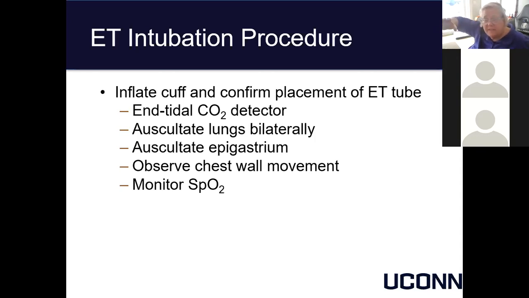You want your ET tube to end before that so that you are equally ventilating both the right and the left lung. You want to listen over the stomach. It is possible that the endotracheal tube went down the, what's the GI thing?